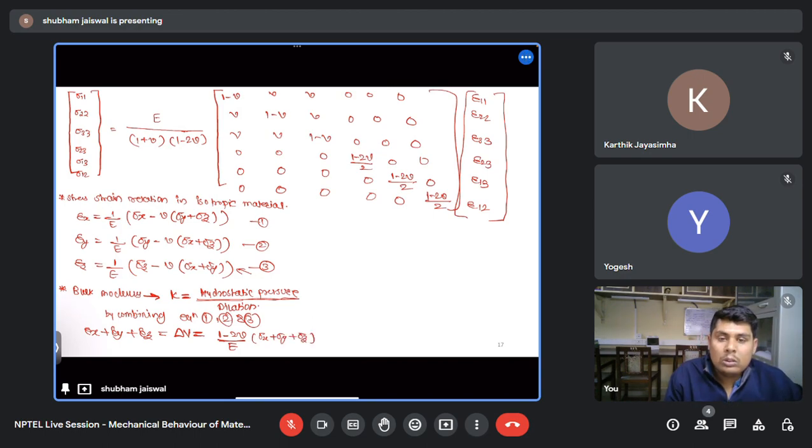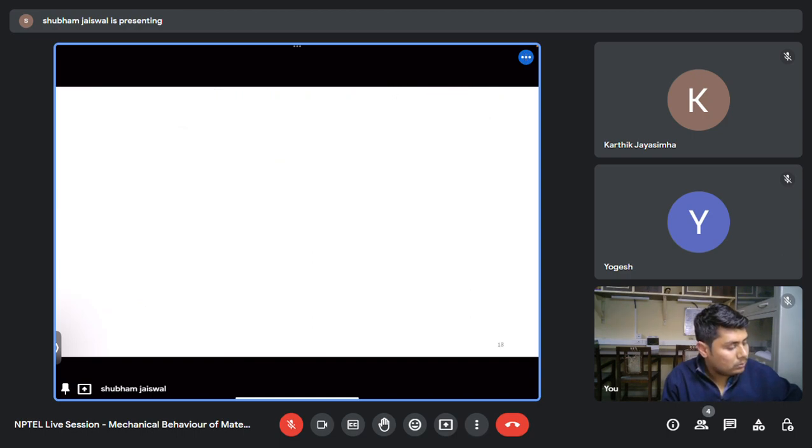Now if I consider the case of hydrostatic, that is equal pressure from all directions, sigma x, sigma y will be same as sigma m, and sigma x plus sigma y plus sigma z comes out to be 3 sigma m.